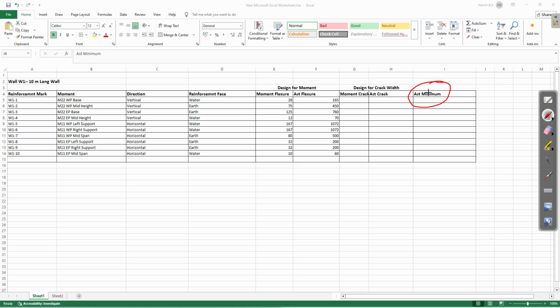So, for which you need to refer IS 3370. So let me open the code.